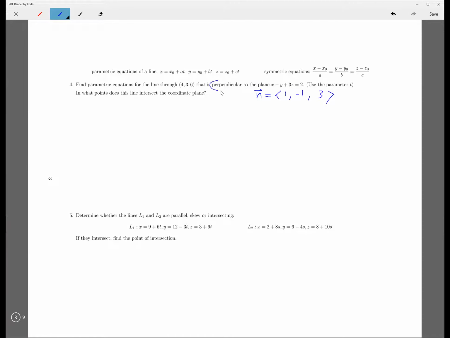That's also the perpendicular. Okay, so this is actually going to be the direction of my line. Okay, so here we have a point and a direction. So what's the equation? What are the parametric equations?